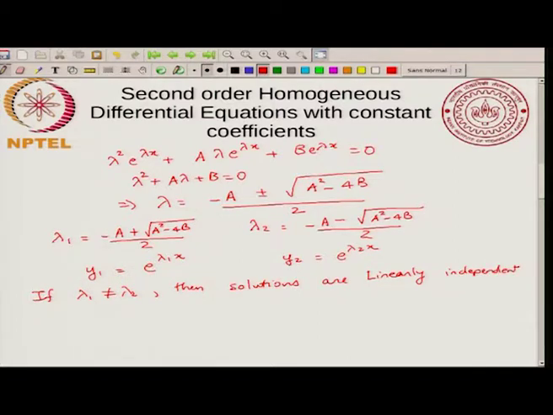And if they are linearly independent, then you can write a general solution y equal to C1 y1 plus C2 y2. Now, this is very nice because we converted our differential equation into a simple quadratic equation, and we know the roots of the quadratic equation and we can immediately find the solutions.